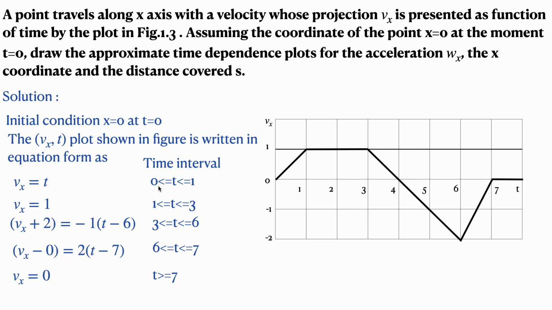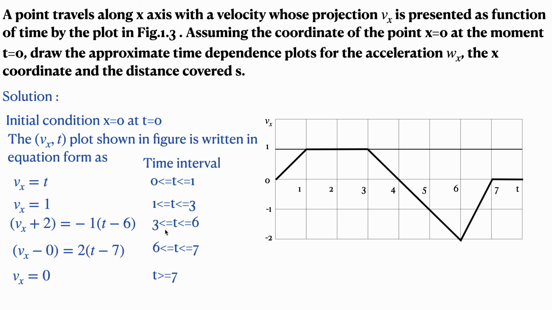So the interval 0 to 1, the velocity vx is t. We can see this by writing the equation of this straight line. And in the time interval 1 to 3, the velocity is 1.